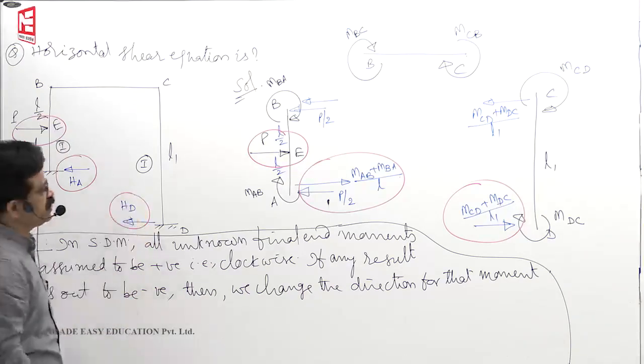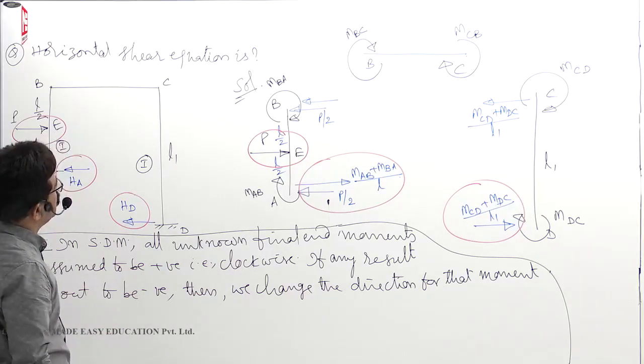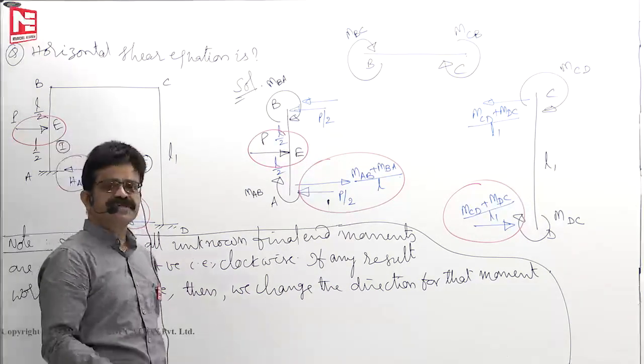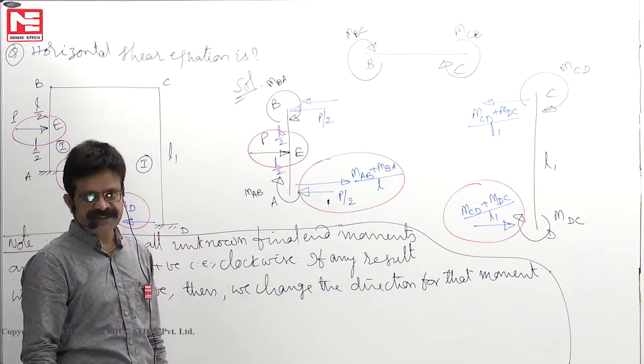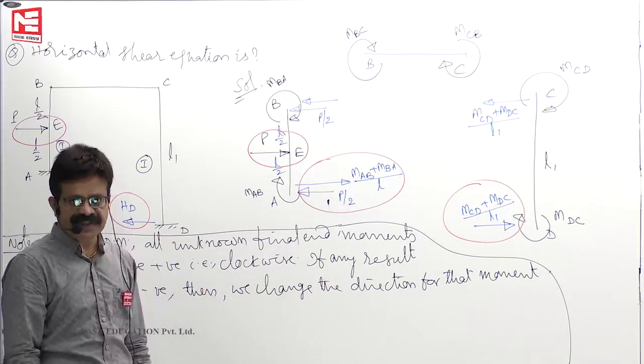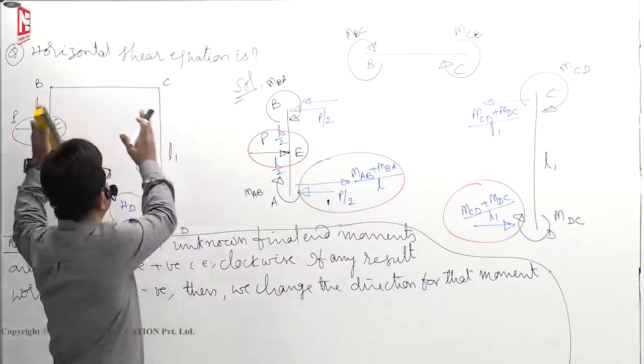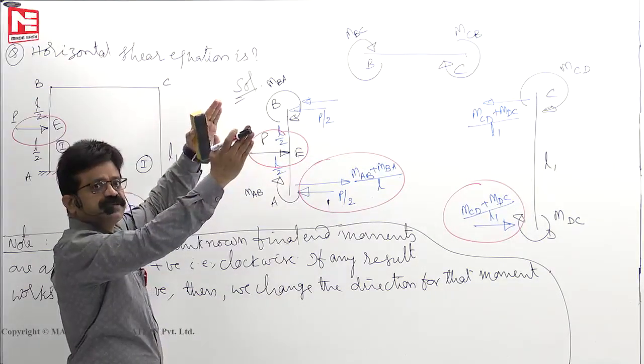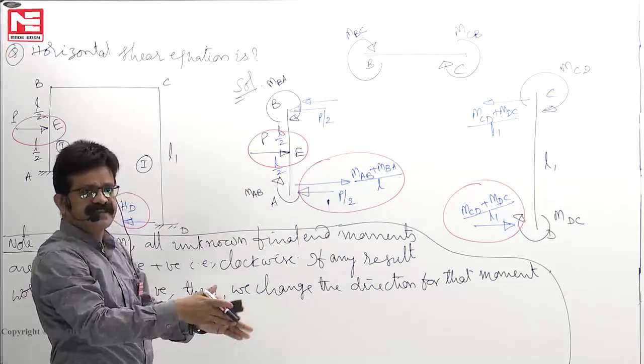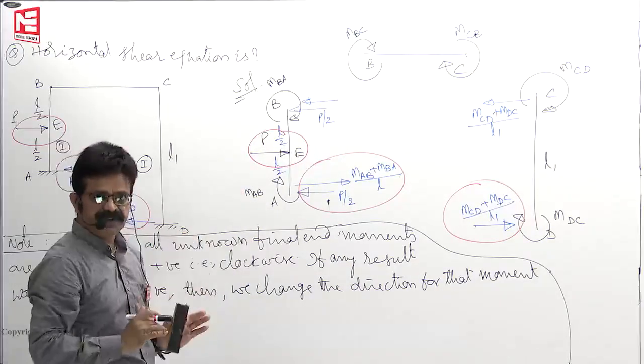This is horizontal shear equation. It is not necessary that they should ask you always only horizontal shear equation. Vertical shear equation also you can write. Vertical shear equation happens if the frame here is swaying horizontally. Supposing that if the frame sinks, then vertical shear equation we have to use.